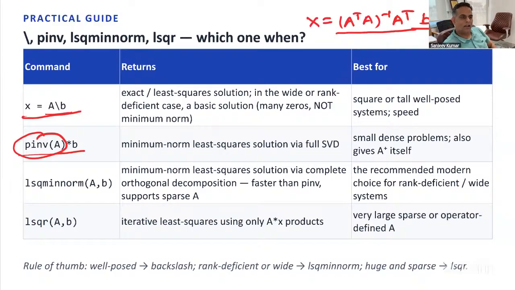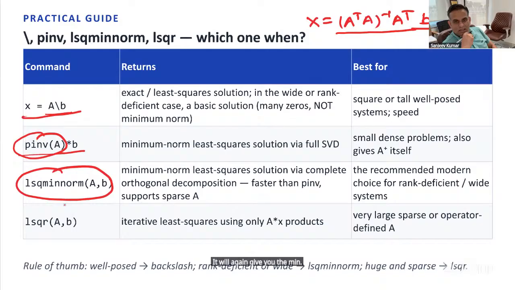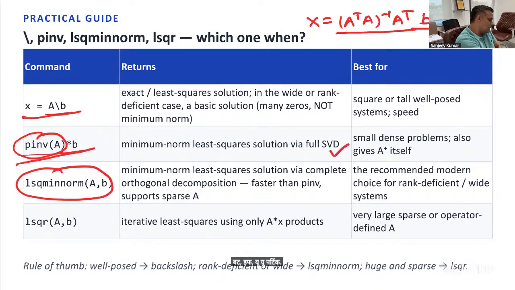The third one is lsqminnorm. It will again give you the minimum norm least square solution. But if you use this particular technique, it will use the singular value decomposition for finding the pseudo inverse.